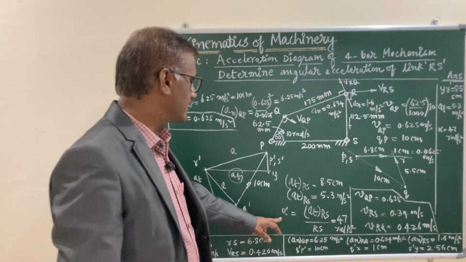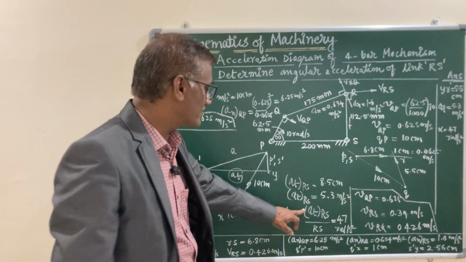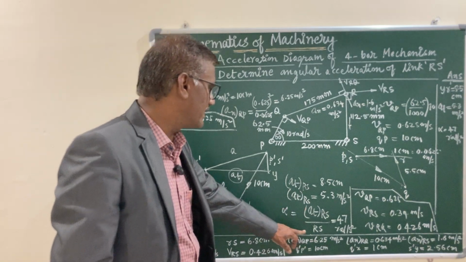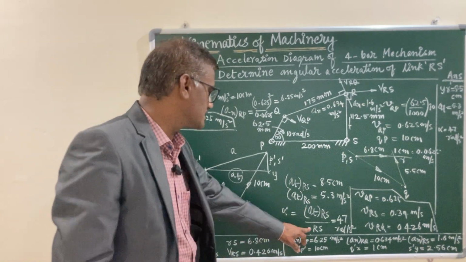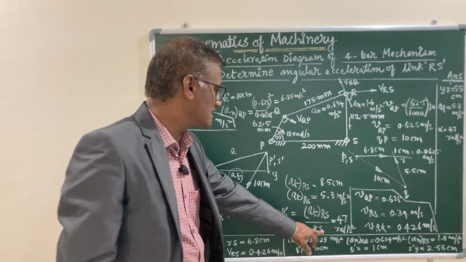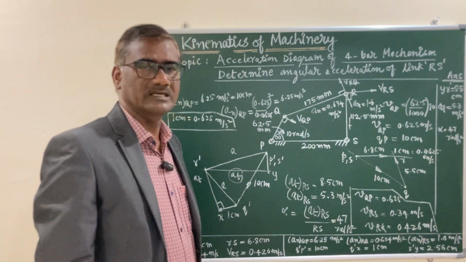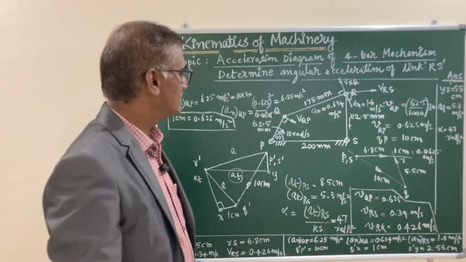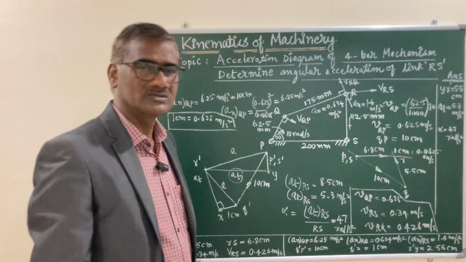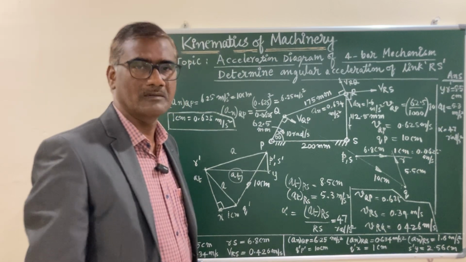The angular acceleration of RS is the tangential component of acceleration divided by r alpha, where r is the length of the link and alpha is the angular acceleration. So with RS length in meters, that gives you 47 radians per second square. I hope you understood this particular problem and you can start practicing it. Thank you.